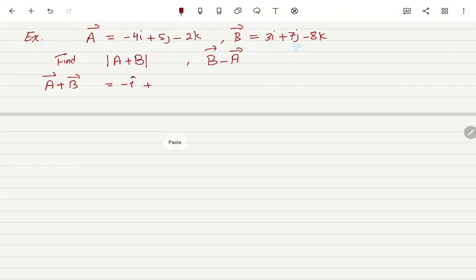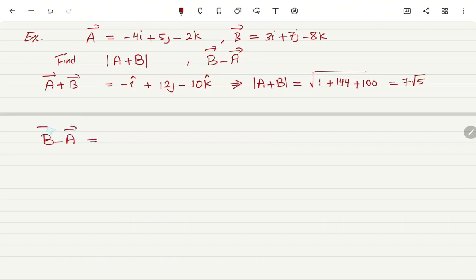Plus 5 plus 7 is 12, j, minus 10, k hat. Now the magnitude of a plus b is equal to the square root of 1 squared, just 1, plus 12 squared, 144, plus 10 squared, 100. So it's equal to 7 square root of 5.